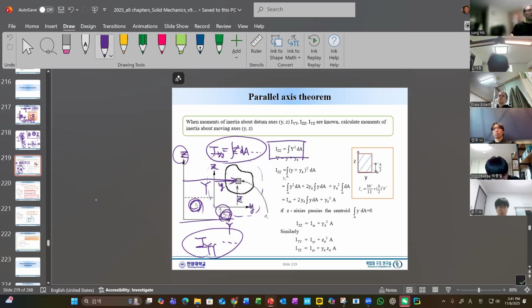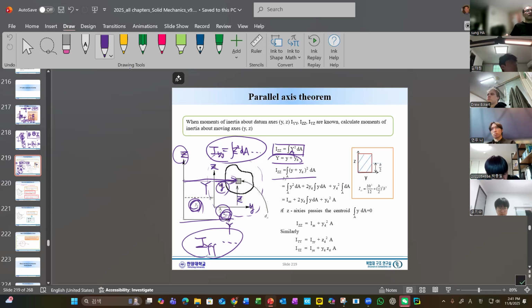So the large y, mathematically, the distance is this small y plus yd. This is a large Y, right? And by definition of this large Y, we can substitute here, and then IZZ can be written like that, right?